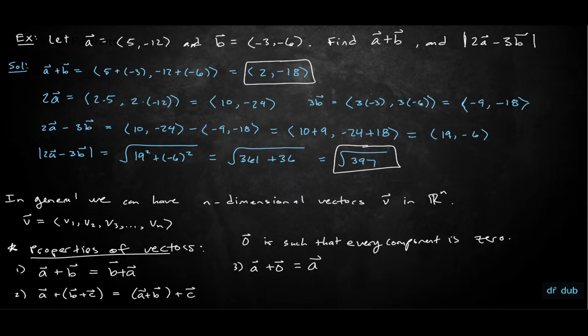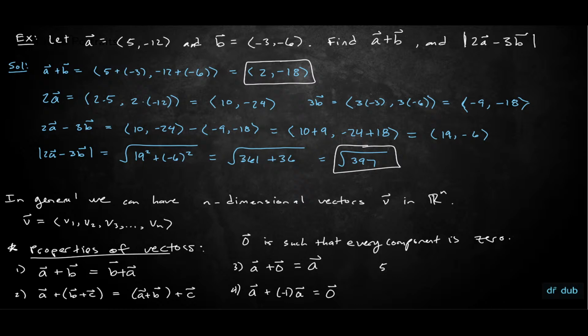The next property is a plus -1 times a equals 0 vector. And that -1 times a, we often write that as -a. So it's an additive inverse.